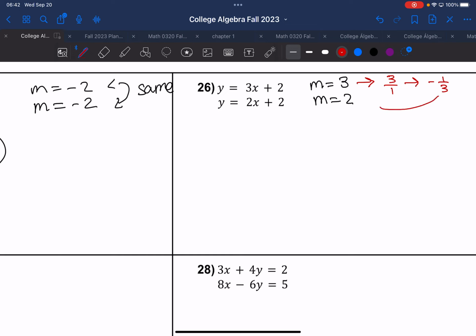Does that match 2? No, so that means this is neither. It's neither parallel nor perpendicular, because once you take that opposite reciprocal, that new slope should match the second slope that we find.